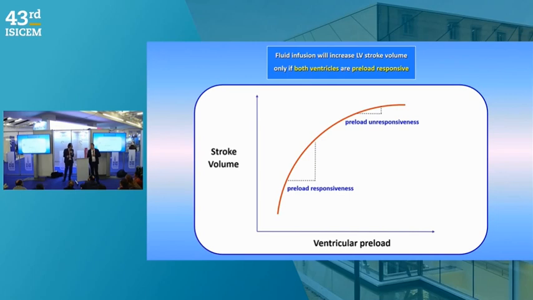A third one could be that we all know that there are risks associated with fluids. And if you have a test that can compute the magnitude of the changes in cardiac output when you give a volume of fluids, then this is also a very good way to compute the risk-benefit a priori.